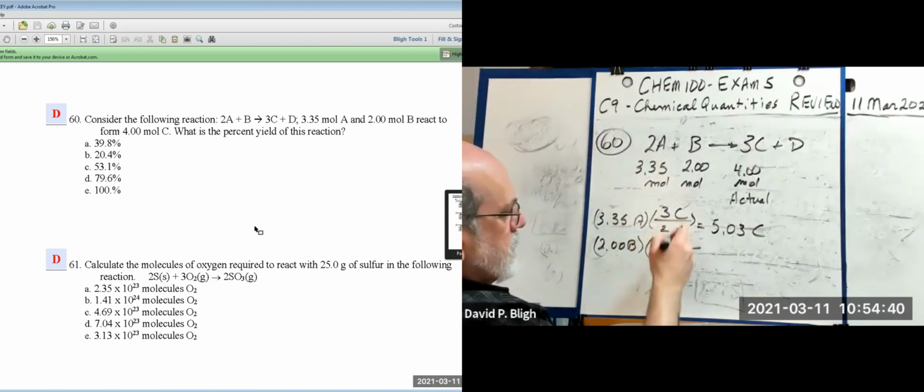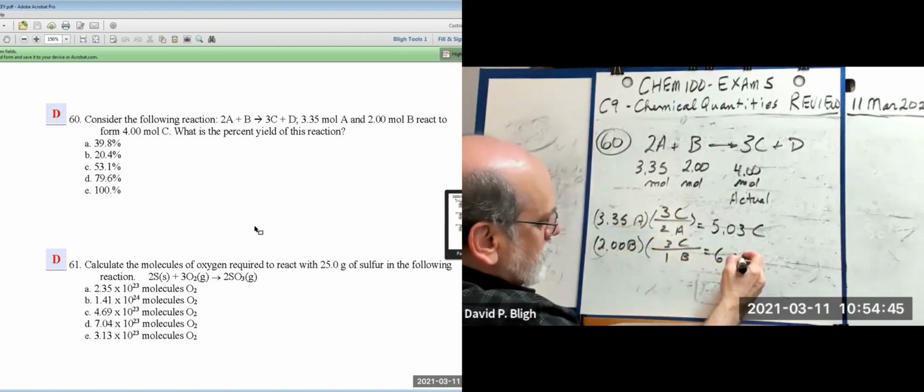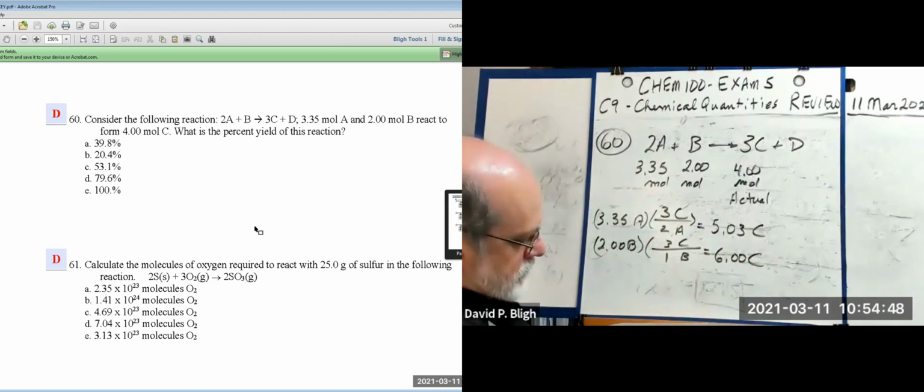We have 1 B and 3 C's. So that will be 6 C's.